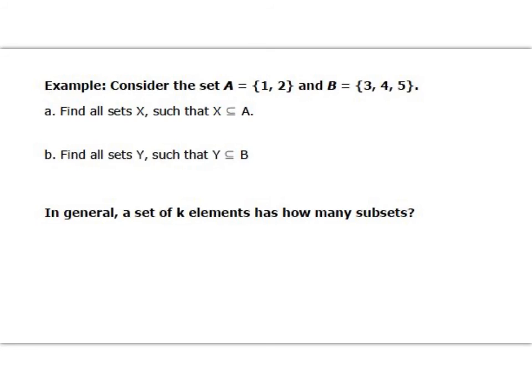Okay, now let's talk a little bit more about subsets as we wrap up this video here. Think about the set 1 and 2, and that's our A set, and then 3, 4, and 5.